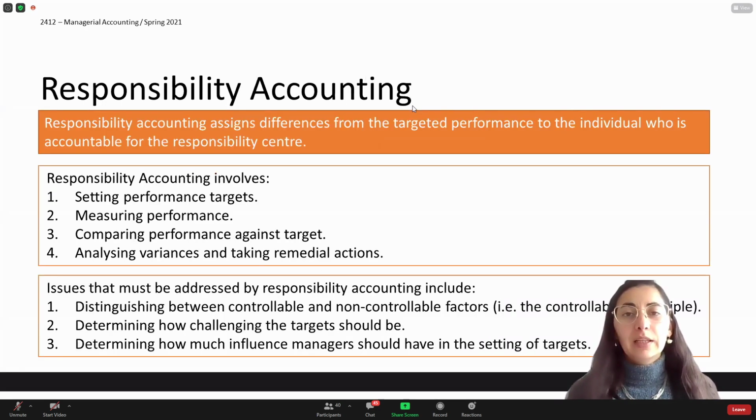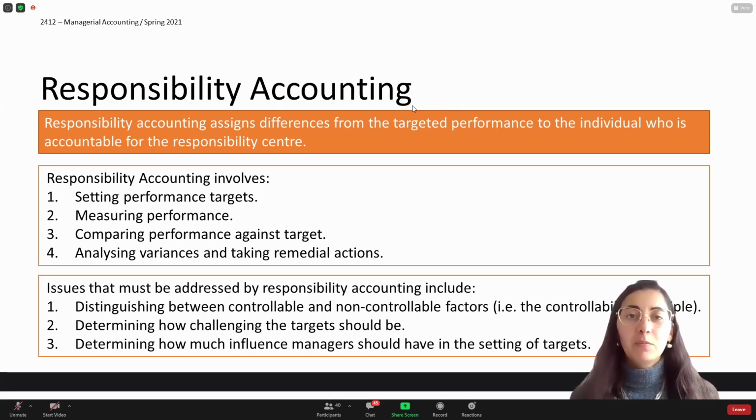Now, when we have these responsibility centers, it leads us to what we call responsibility accounting. Responsibility accounting assigns differences from the targeted performance to the individual who is accountable for these responsibility centers.